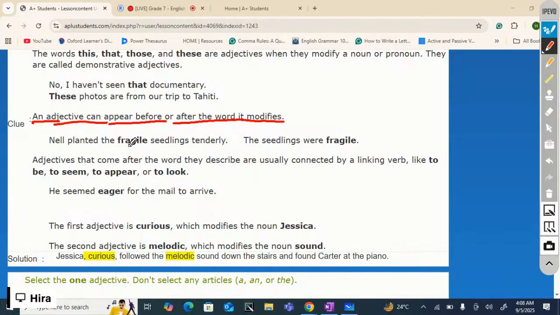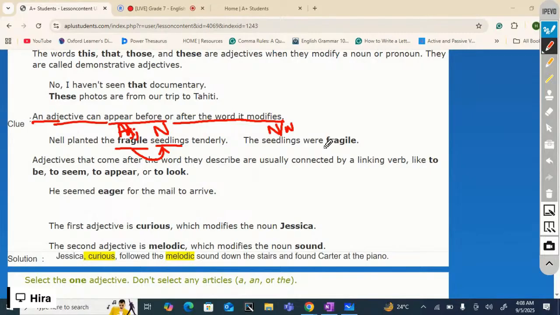What kind of seedlings? Fragile. Fragile is an adjective and seedlings is the noun it modifies. Nell planted the fragile seedlings. In this one, the adjective appears before the word it modifies. Or the seedlings were fragile. What was fragile? Seedlings.